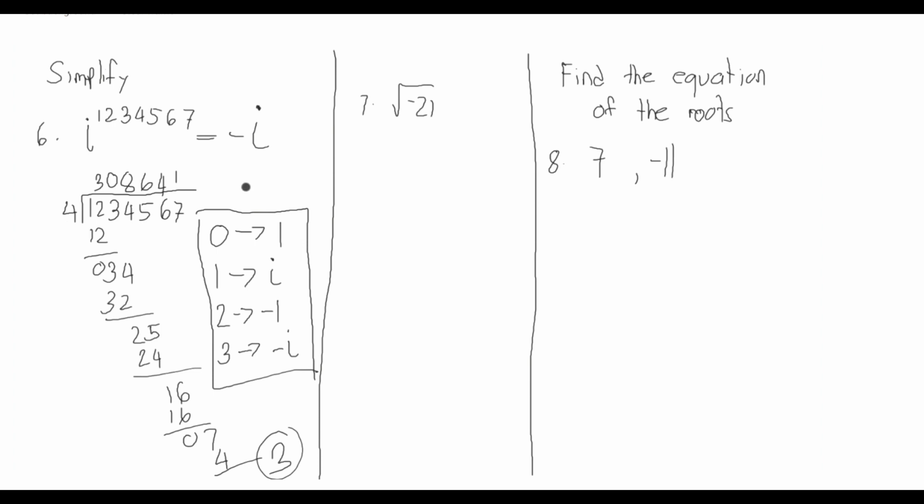Next, number 7 na tayo. Square root of negative 21. In your imaginary numbers, the square root of a negative number n is always equal to the square root of n times i. So in this one, 21, you can't factor it with a perfect square, and it's not a perfect square number either. So what you'll do is remove that negative sign from your radical.